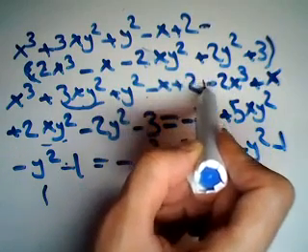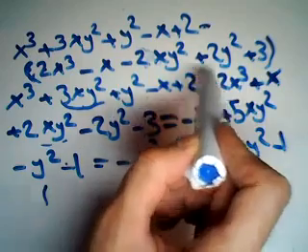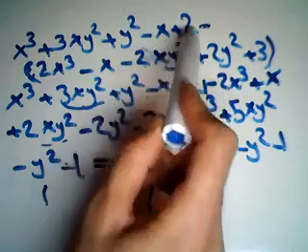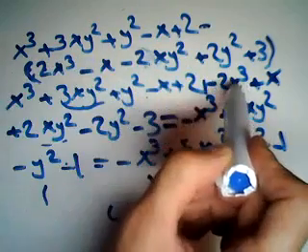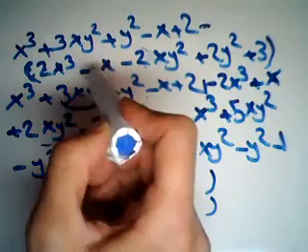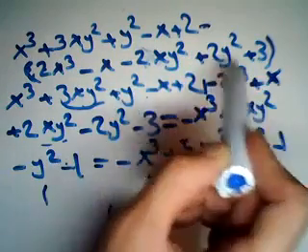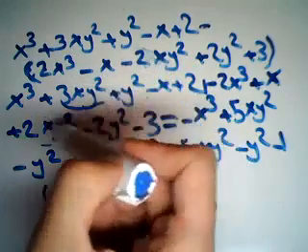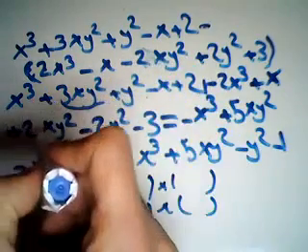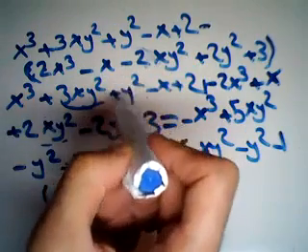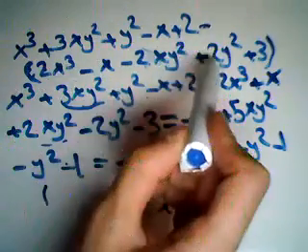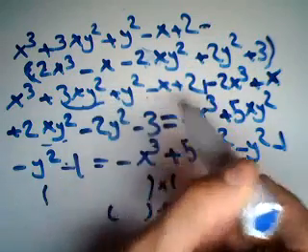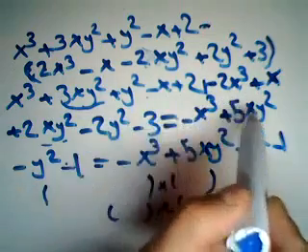Okay, this is the first polynomial, minus 2x cubed, minus x, which is plus x, minus 2xy squared, which is plus 2xy squared, minus positive 2y squared is minus 2y squared, and minus 3 the last term.